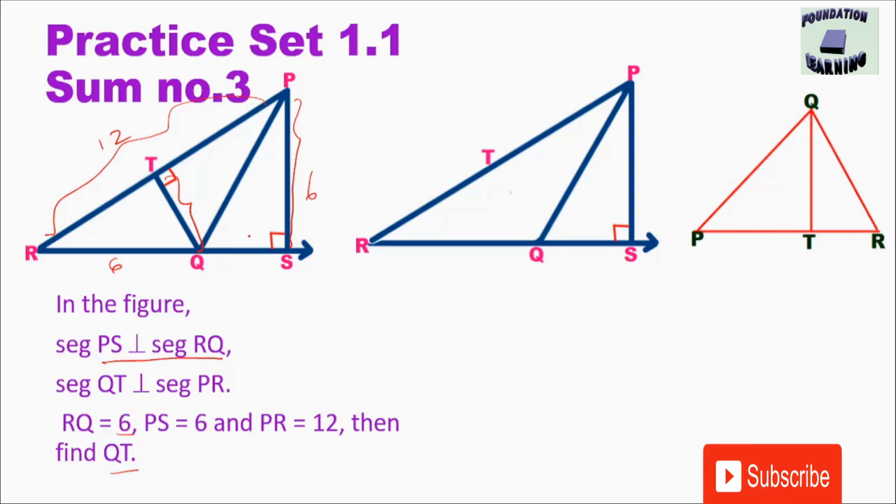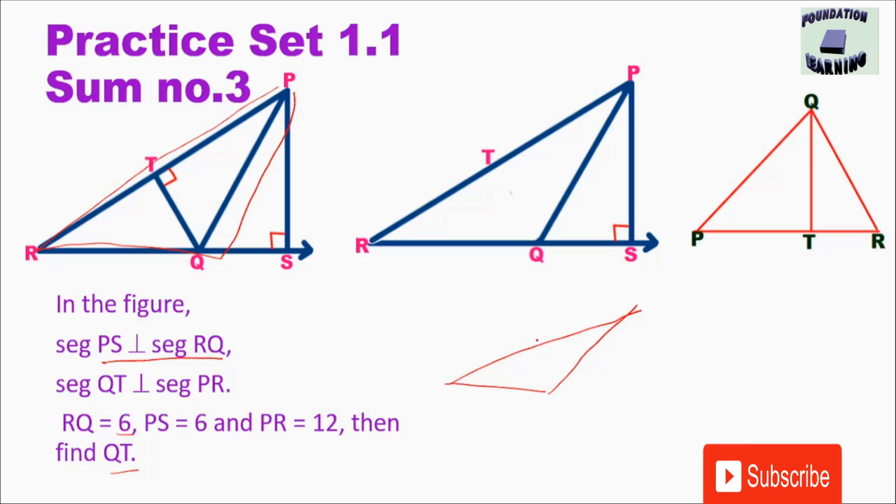Now remember one thing. This triangle PQR is here. PQR is an obtuse angle triangle. When it is an obtuse angle triangle, the height comes outside, right?